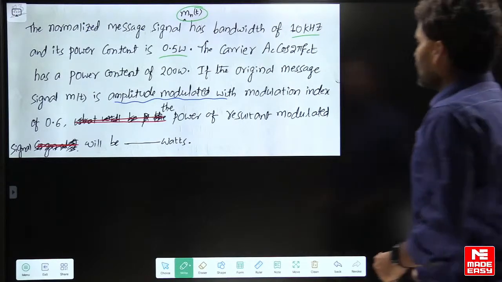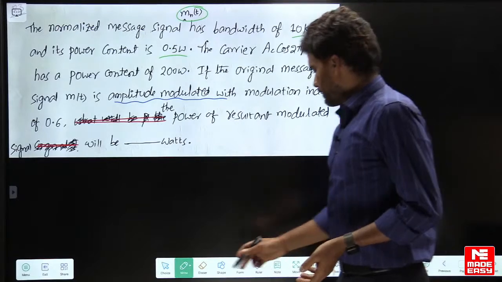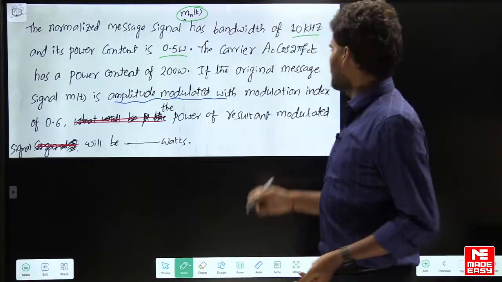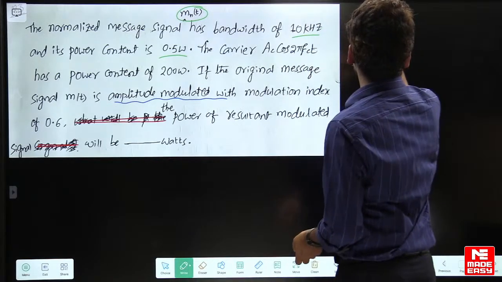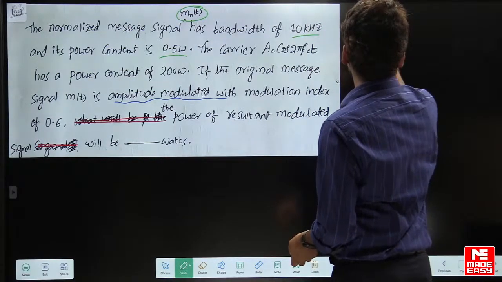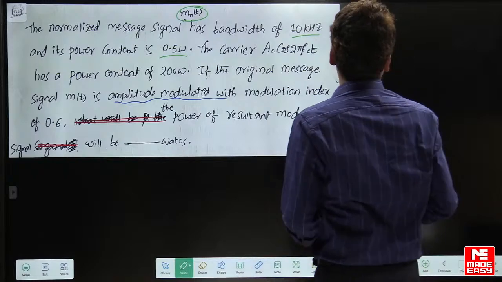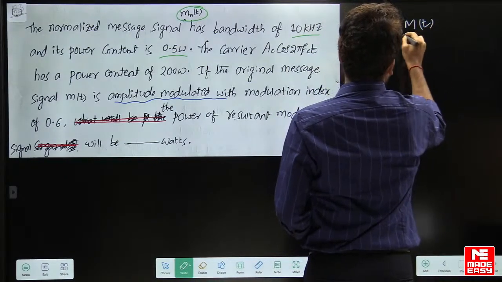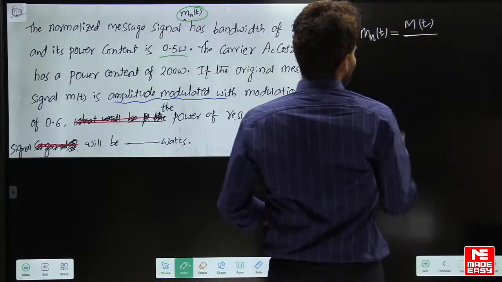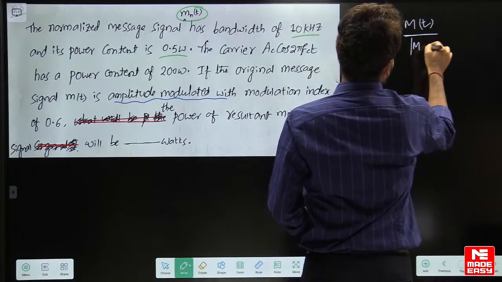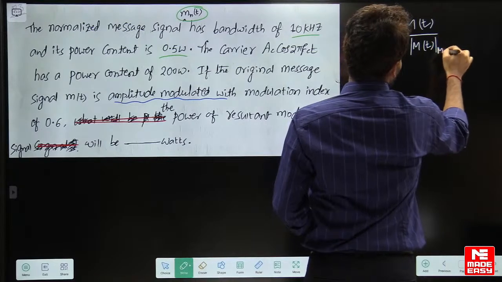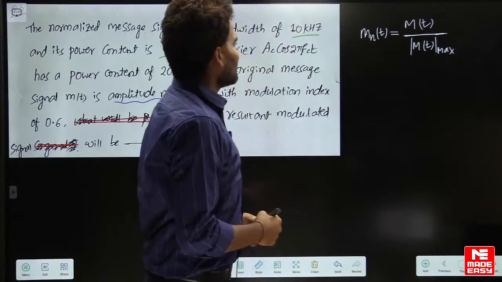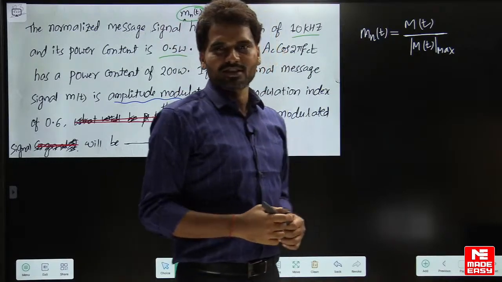Now, what is the relation between the normalized signal and the original signal? If you divide the given signal by the maximum peak of m(t), then the resultant signal is called the normalized signal.